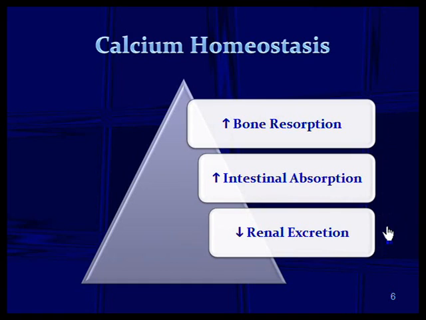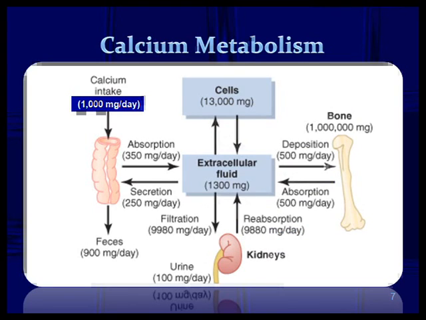If the serum calcium were to be decreased from a higher level to normal level, then bone resorption will be stopped, intestinal absorption will be reduced, and renal excretion will be prevented. These three hormones together act with different feedback loops such that the calcium levels are maintained within a very narrow acceptable normal range, by the processes of bone resorption, intestinal absorption, and renal excretion.